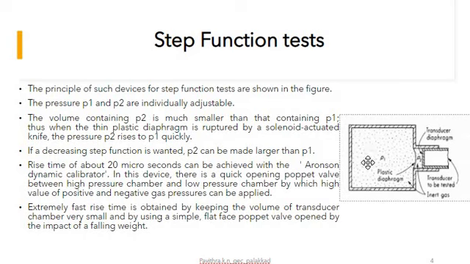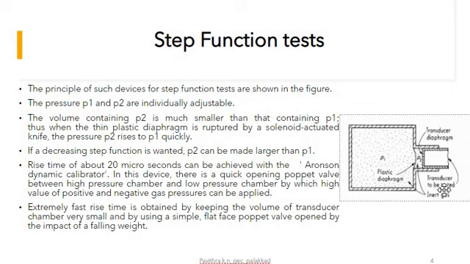This is a figure showing the step function procedure. Here is a plastic diaphragm, which is the thin diaphragm, and this is the transducer diaphragm. Here, the pressure of this area is P1 and this small area is P2. The volume containing P2 is smaller than that containing P1.